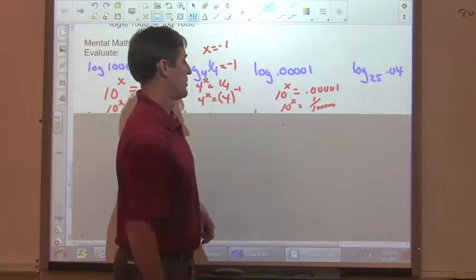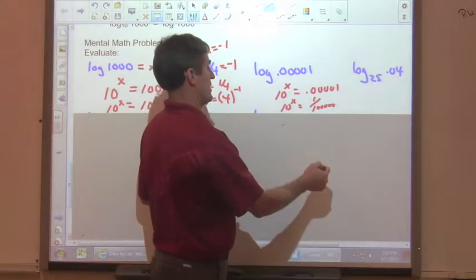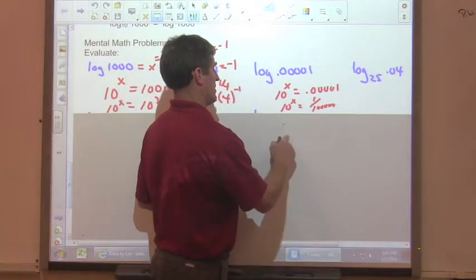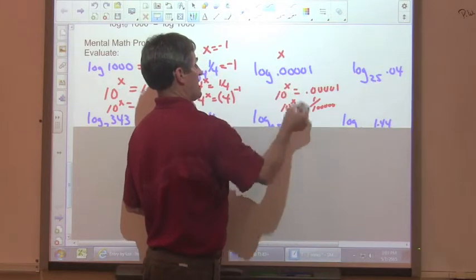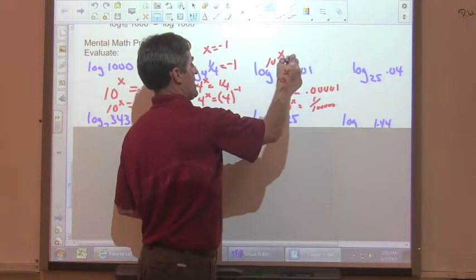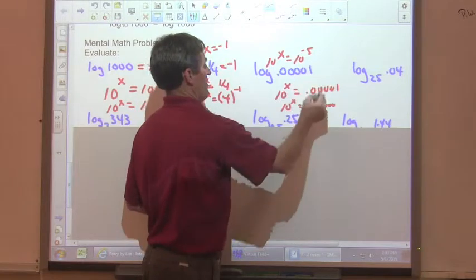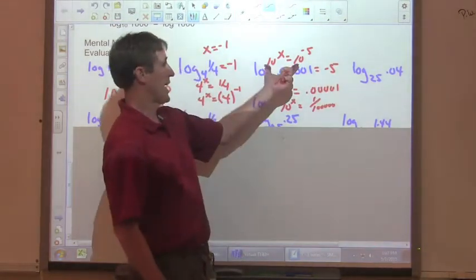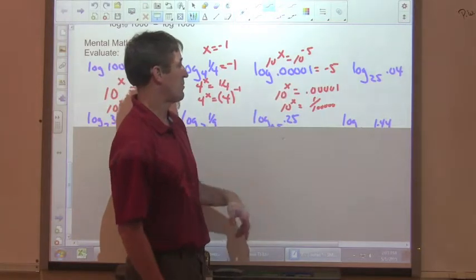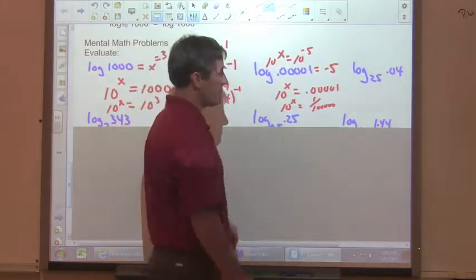So that would be 10 to the negative fifth. So 10 to the x equals 10 to the negative fifth power. And so x equals negative 5. Again, once I have the bases the same, the exponents have to be equal.